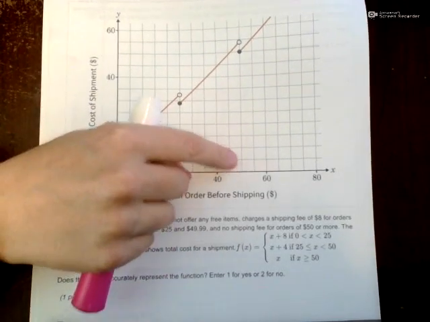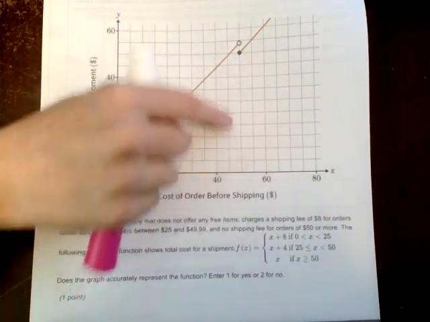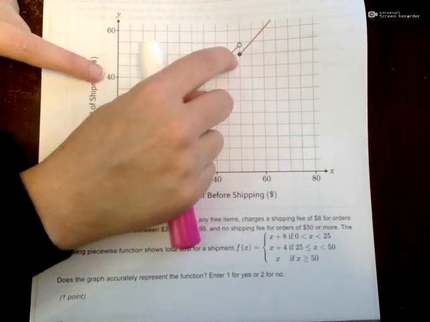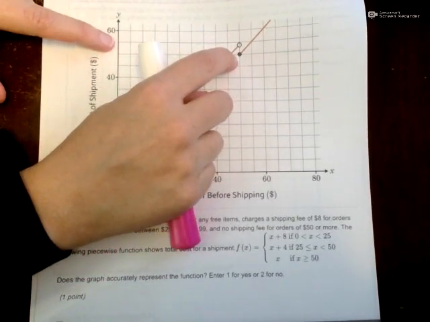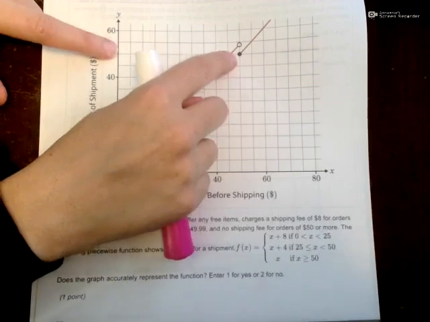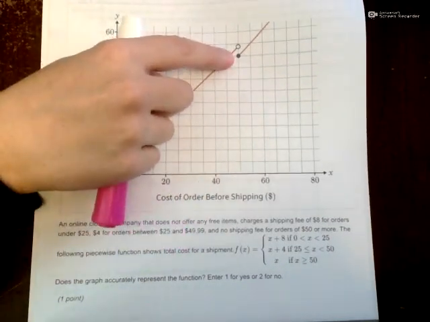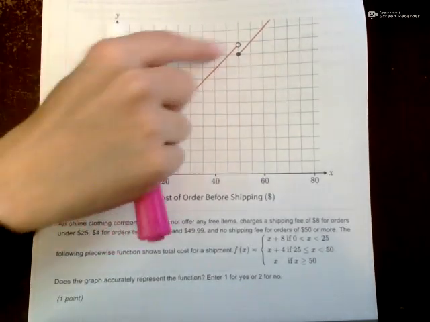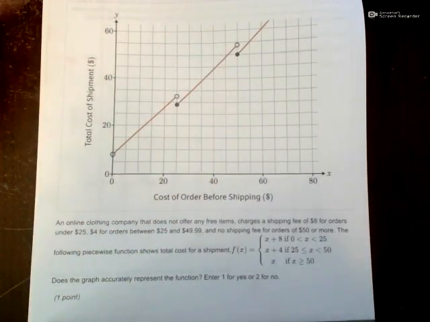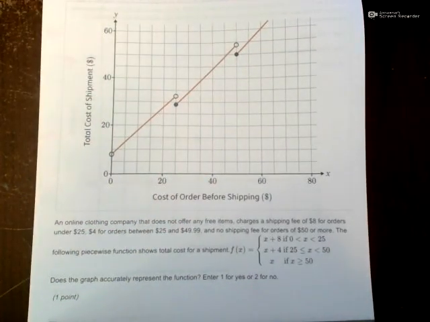So 49 and 53. Got 40, 45, 50, 55. So yeah, that's reasonable. And then we've got 50 and 50. So 50 and 50. I would say this is accurate. I would say yes, this is accurate.